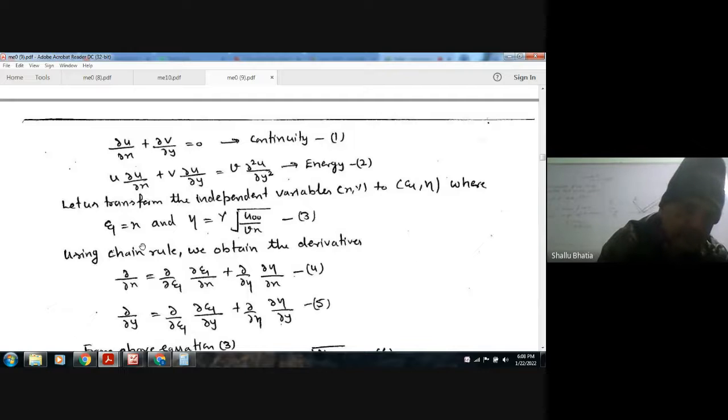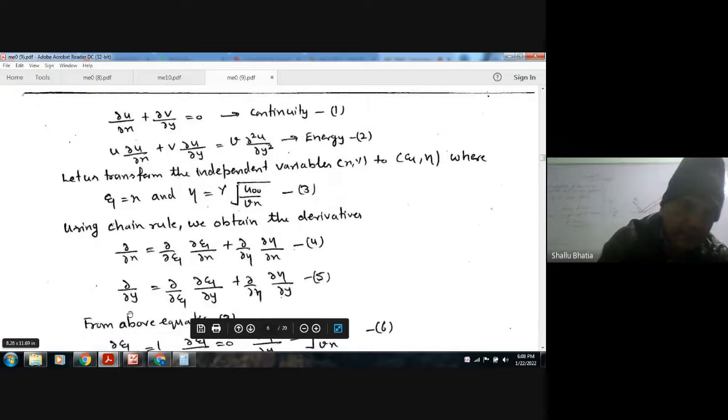To convert this, he used the chain rule. So ∂/∂x is equal to ∂/∂xi times ∂xi/∂x plus ∂/∂zeta times ∂zeta/∂x. Similarly for y, ∂/∂y is ∂/∂xi times ∂xi/∂y plus ∂/∂zeta times ∂zeta/∂y. Here we can see that ∂xi/∂x is 1, so we can put 1 here, and ∂zeta/∂x we can find out.